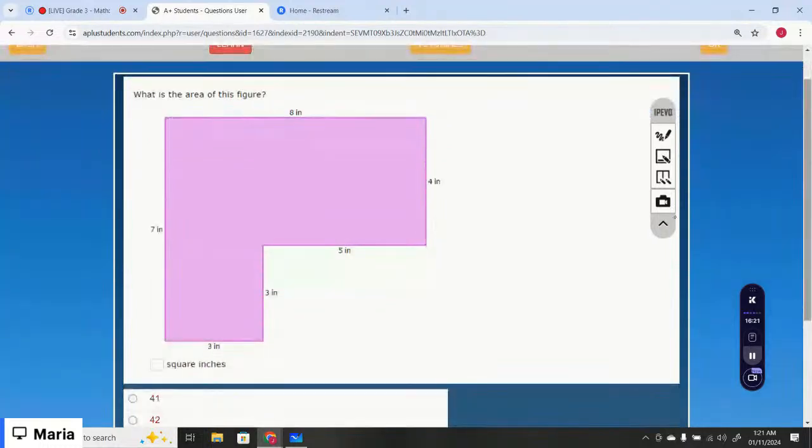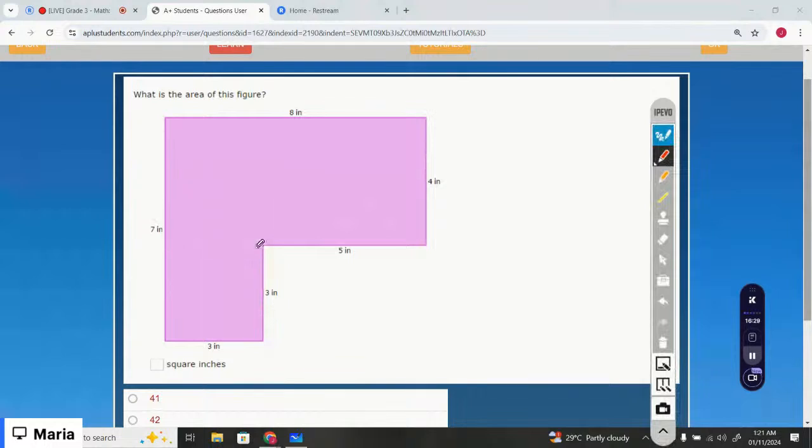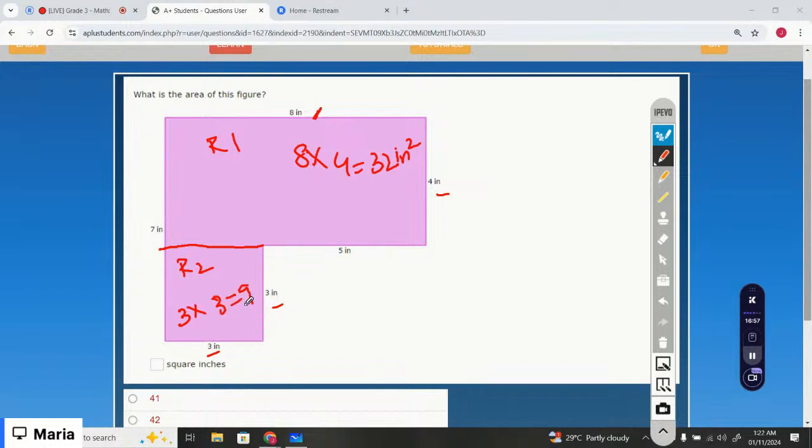What is the area of this figure? Let's just divide this figure into two smaller portions and then calculate the area of both of the smaller portions and then add them. So this is rectangle 1 and this is rectangle 2. Let's just calculate the areas, right? So for rectangle 1, the length is 8, the width is 4. 8 times 4 is 32 square inches, right? Then for this one, 3 and 3, that is 3 times 3 is 9. So that is 9 square inches. Just add them, 32 plus 9.